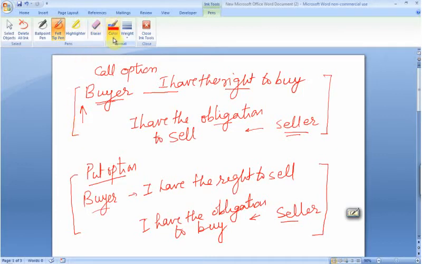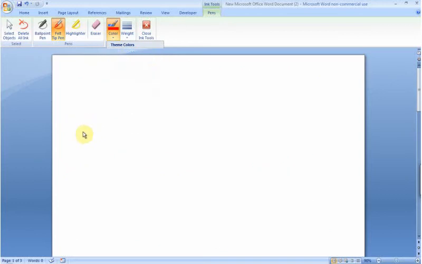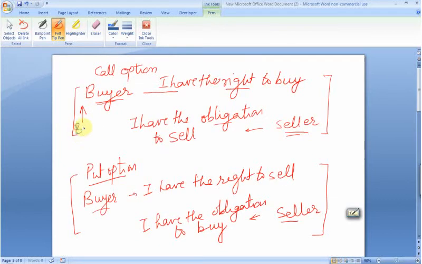He is bullish. His position is bullish. He wants the price to go up. And what happens with the seller? If the price goes up and the buyer executes the trade, the seller will lose money.